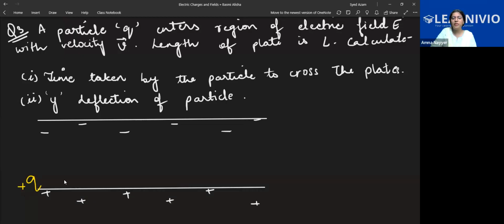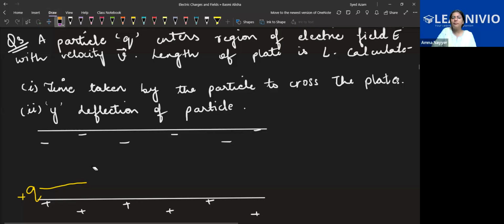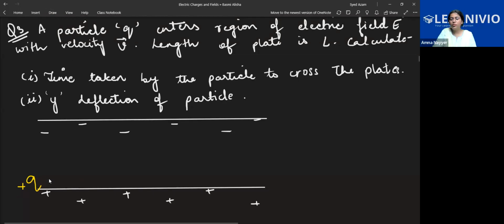If a positive charge is there, we are trying to move it. When you are trying to move it, what will happen? Initially the charge will try its best to move like this. But because of the negative charges that are present, it isn't likely to move parallel to the plate, because it is repelled by the positive plate and attracted by the negative.